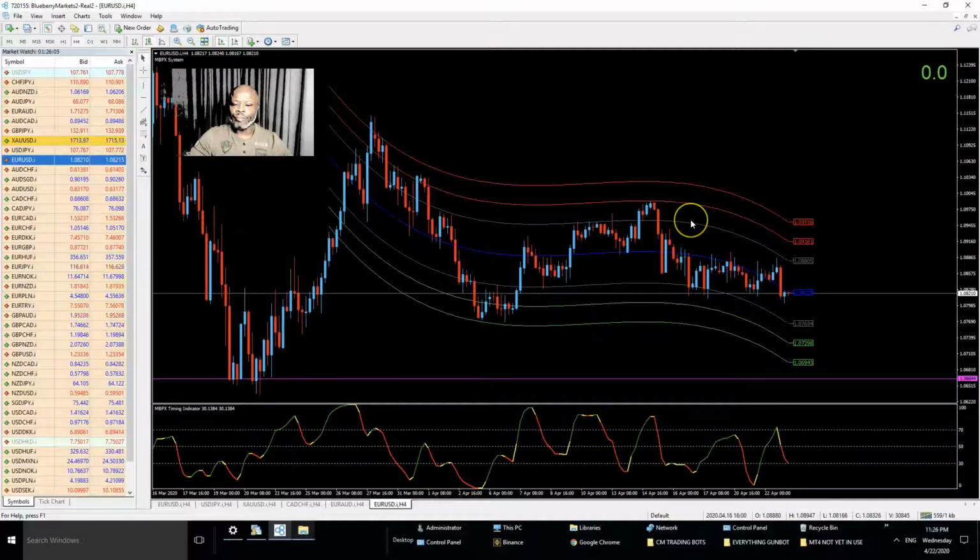Okay, so basically speaking, in terms of looking for ideas, you just pull the pair onto the chart. So currently this is Euro USD, and it's a downtrend at the moment. So you're probably looking to continue the downtrend on a lower time frame if price comes back up.